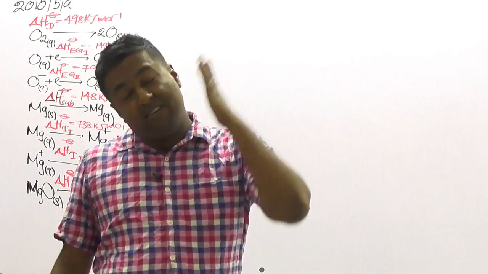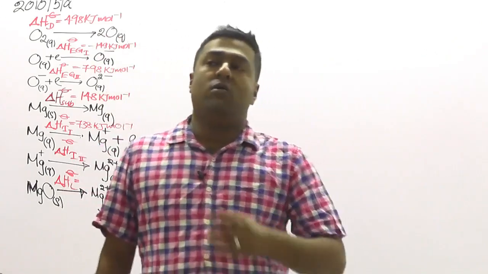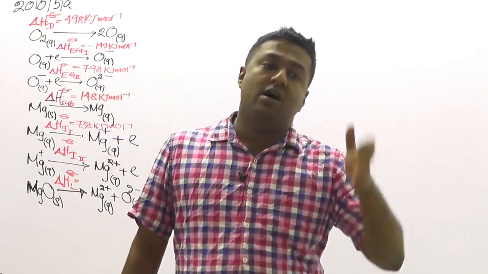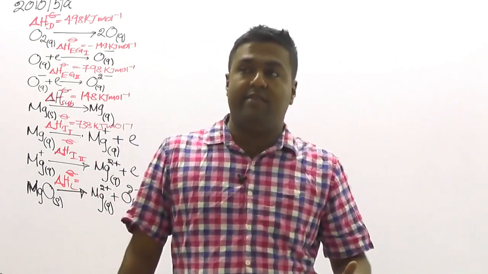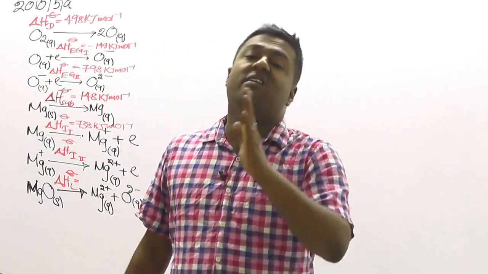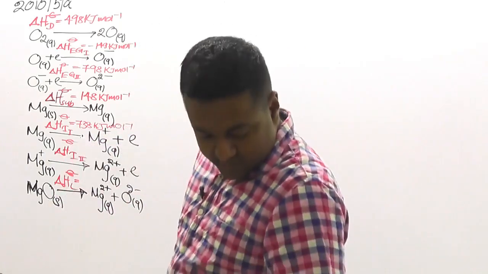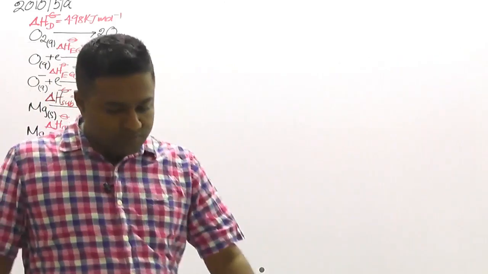Therefore you get exactly the same value but with the opposite sign. According to the new syllabus, the value is exactly equal for the lattice enthalpy, but the sign is opposite. So it is minus.